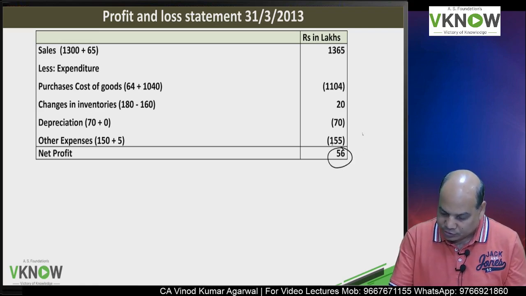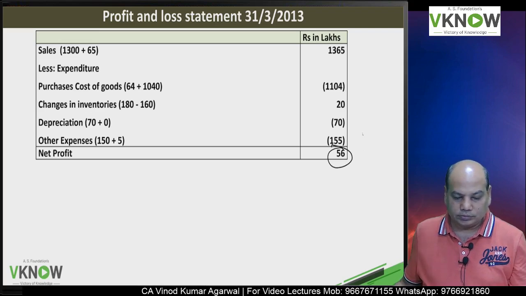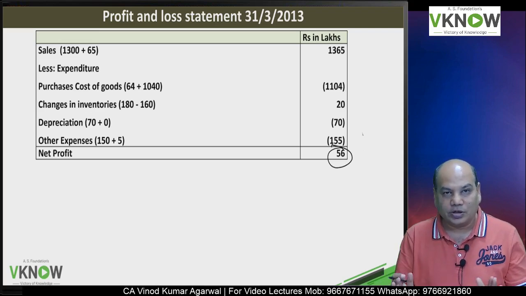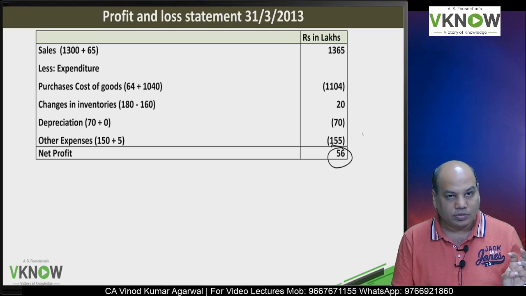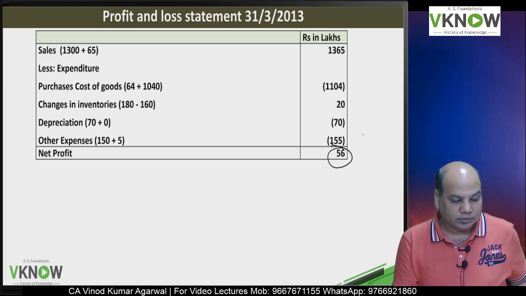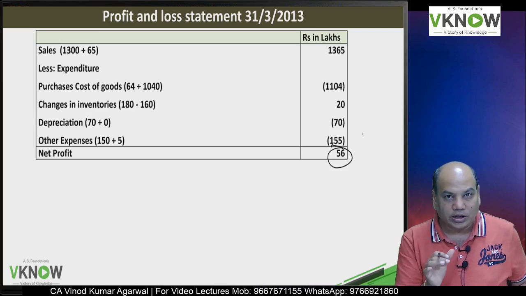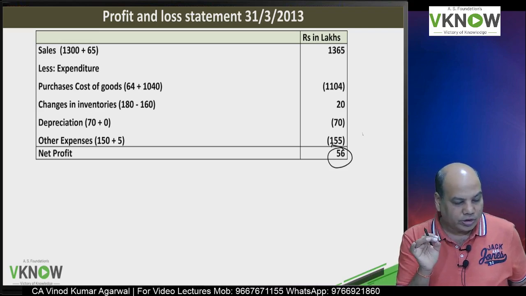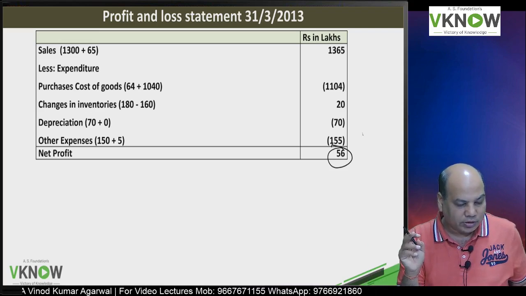So this 56 we are going to transfer to the balance sheet. In balance sheet we have to add 56 to the opening balance of P&L account. Now again look at the trial balance. Which item will be shown in balance sheet? Credit side, share capital, P&L account.